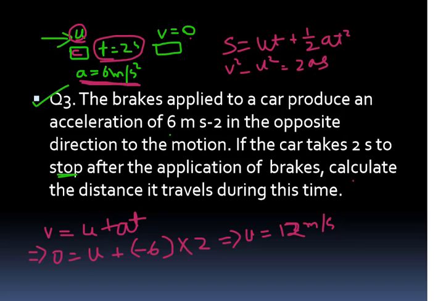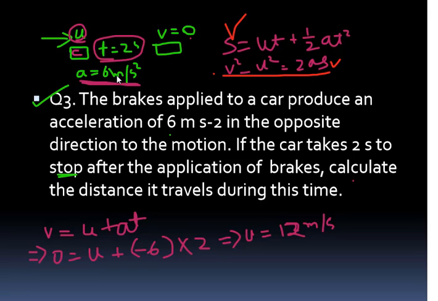Now here you need to find out this distance traveled by the body. So here you can use any of these formula to calculate this one. You can use this formula, first one, or you can use this one. Suppose you are using this second formula. What you will do, in place of v you put 0, in place of u you put 12, then 2, this is a constant.